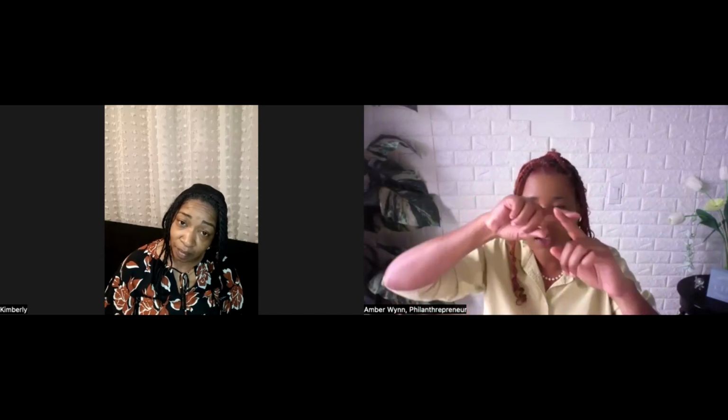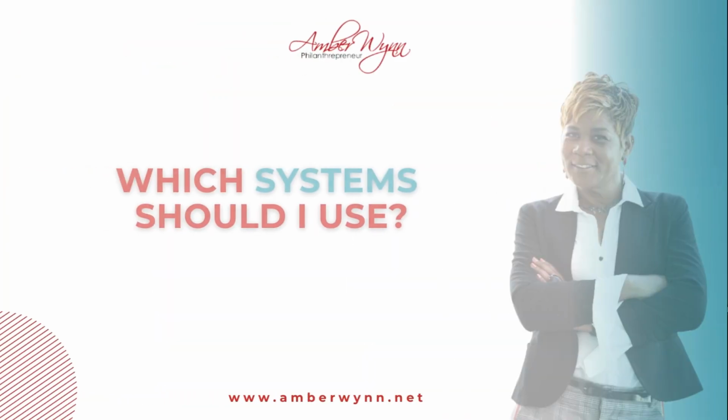With Blackbaud, they have it so it connects to Word. So instead of writing letters individually, you have the list of all of your donors, and you can just send out your letters from there. So you want to get systems that talk to each other, Yes. streamline your processes, so you're not doing all this extra work for no reason. Exactly.